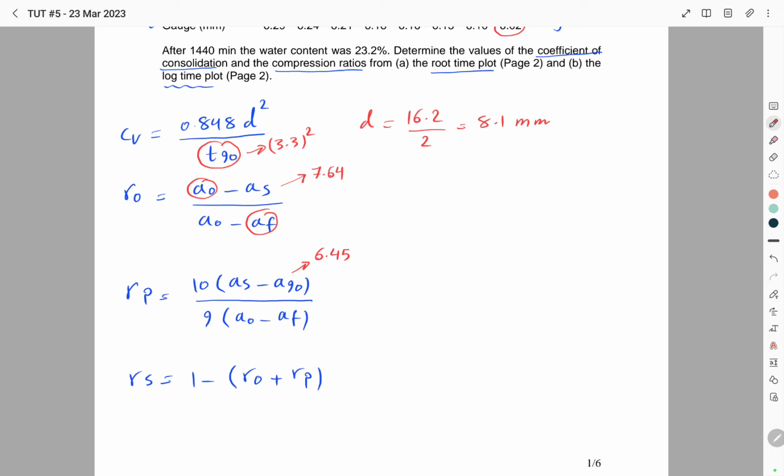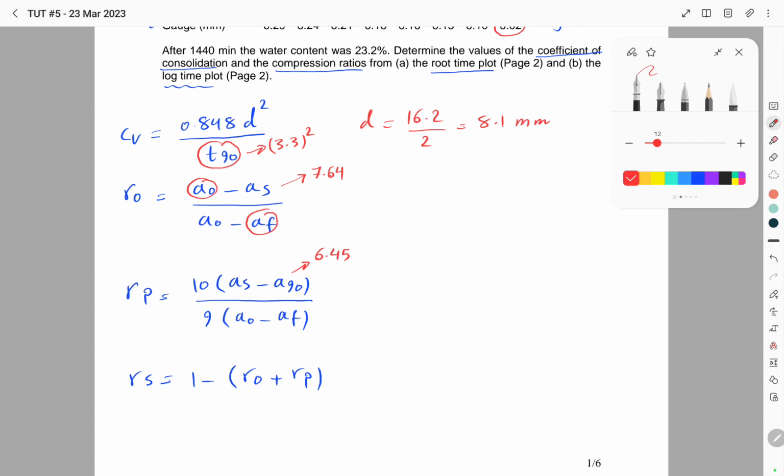Now we have all the values that we needed to calculate the coefficient of consolidation and the compression ratios. So I'm just gonna put the values that we determined into these equations.